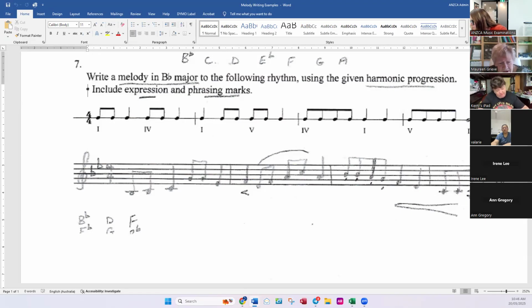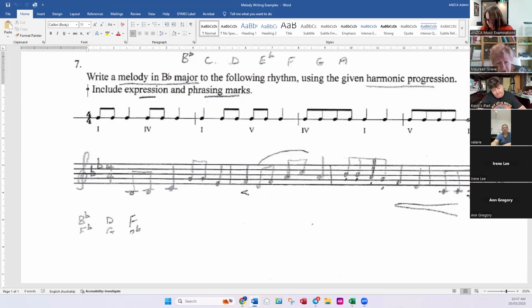And they've got to learn to use passing notes or auxiliary notes instead of repeated notes. To me, it's very uncreative to have lots of repeated notes. I would really look down on any repeated notes in a 4-bar melody. It's got to be tuneful, it's got to be creative, and I think repeated notes don't really do anything.